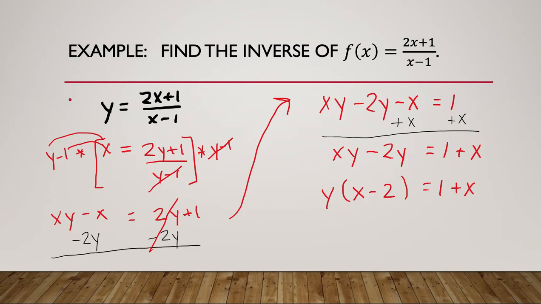And solving for y, I'm going to then divide both sides by x minus 2. We're going to end up with this y. I'm going to turn back into my inverse notation. So the inverse is equal to 1 plus x over x minus 2.